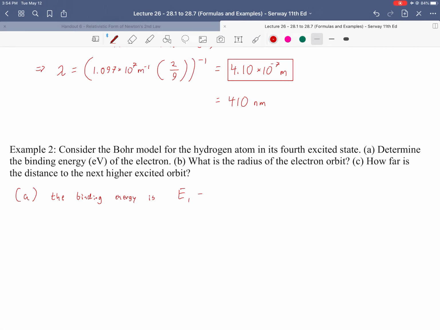So let's think about what's going on here, because it's the total energy. If we added the energies together, let's think, because if the electron is freed, if it's ionized, its total energy becomes 0.